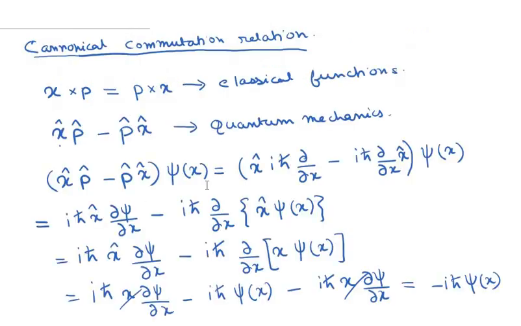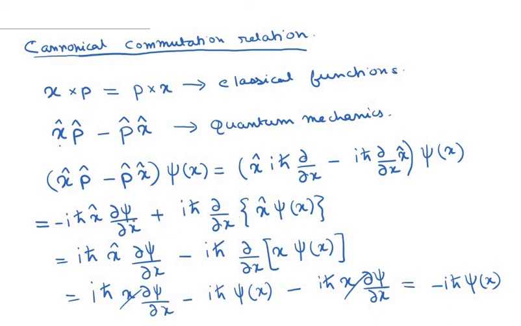I have actually made a mistake over here. I have written the momentum as i h del x, so it should be minus i h del x. So we should have a minus term over here, and we similarly have a plus term over here, because the momentum operator is not i h del x but minus i h del x.